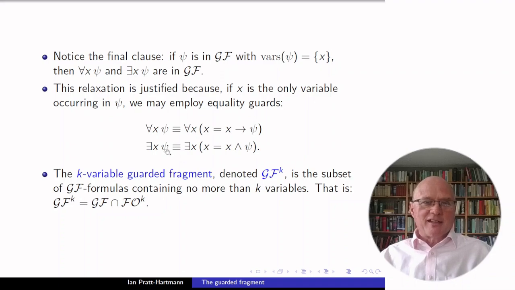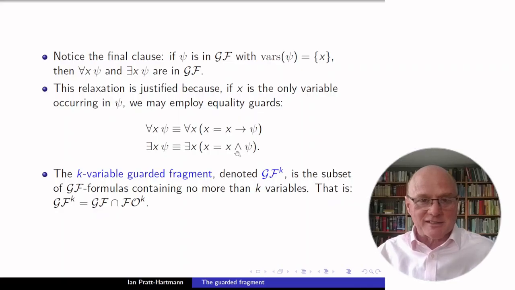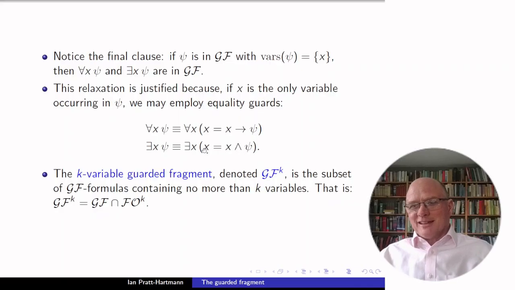So instead of saying there exists x psi, we can just say there exists x such that x equals x and psi. Since x equals x is allowed as a guard, that's a guarded formula. So we don't really require a guard with existential quantification of formulas containing just one variable.